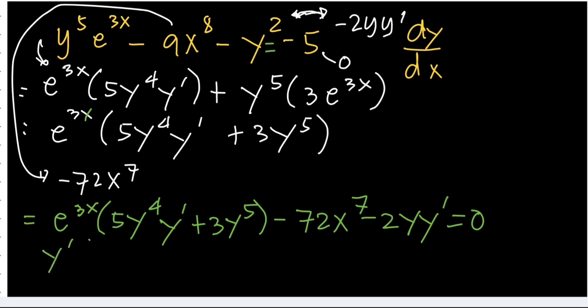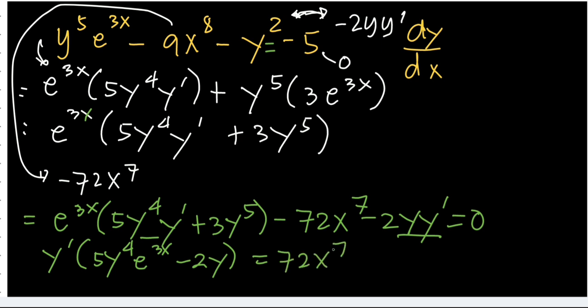So y prime is 5y to the 4th e to the 3x minus 2y. This is equal to 72x to the 7th minus 3y to the 5th e to the 3x.